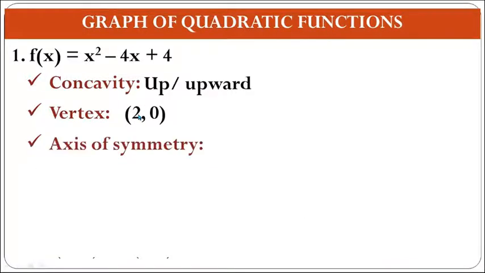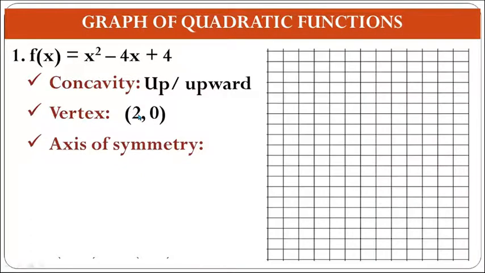Next is the axis of symmetry. Paano natin malalaman kung asan yung axis of symmetry? Ito yung ating graph. We have the x-axis and the y-axis. Yung ating vertex is positive 2 and 0, so yung x is 2, y is 0. From 0 dito, count tayo ng 2 to the right kasi positive. 1, 2. 0 yung ating y, so kapag 0 yung ating y, stay lang sa ating x.